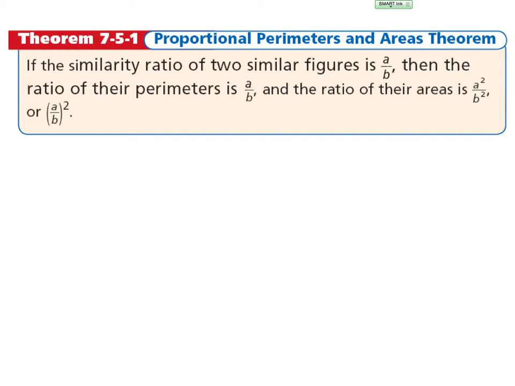But then the ratio of their areas is the square of it. You can think of it as A squared over B squared, or just the A to B ratio totally squared. So what we're going to do today is if I give you one of these ratios, you should be able to give me the other ratios. Then in a future lesson, we'll use it to do some calculating, like if we don't know something, how we can find the missing part.